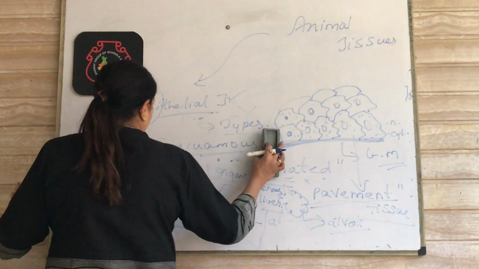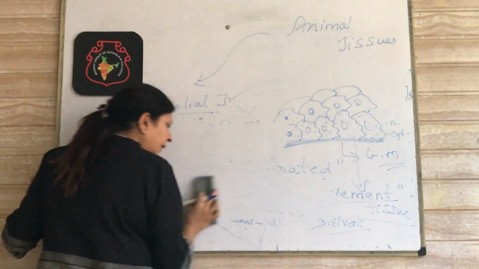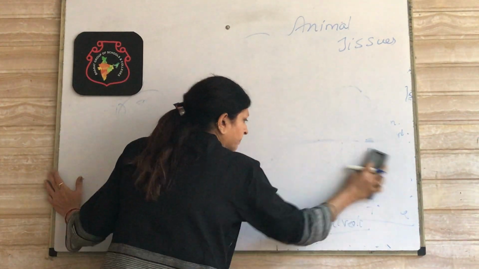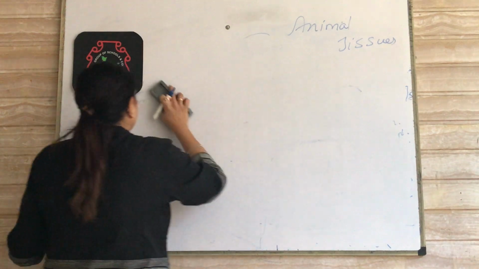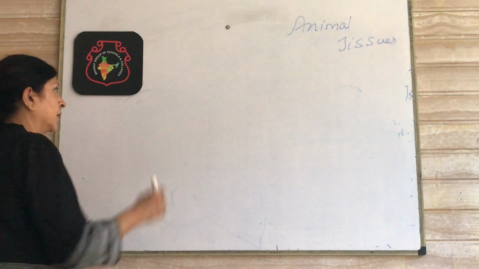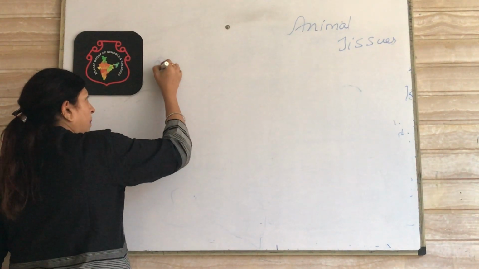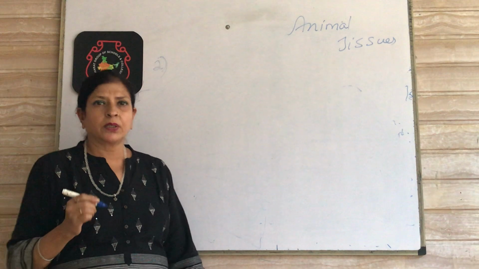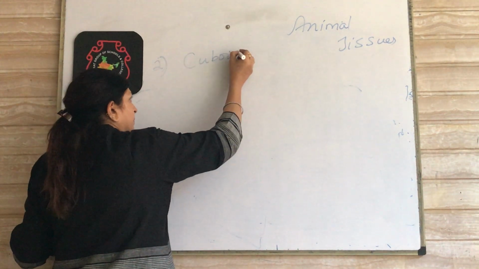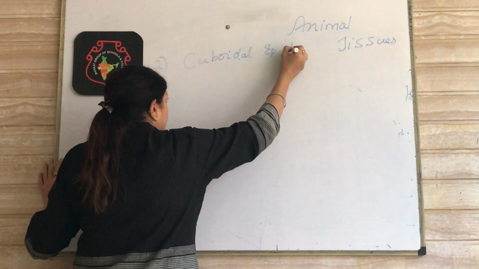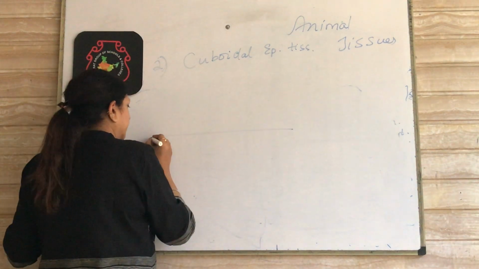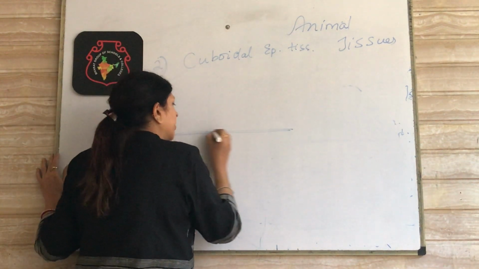Next I go up with the second one. Let me erase this and pick up some space. The second one is cuboidal epithelial tissue. Here again, a diagram of major importance.